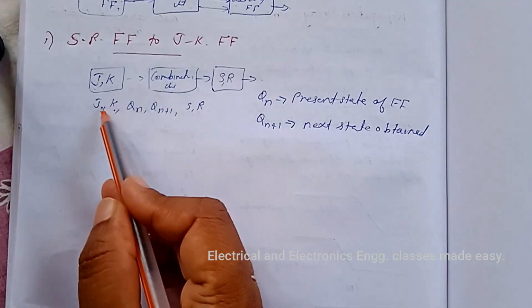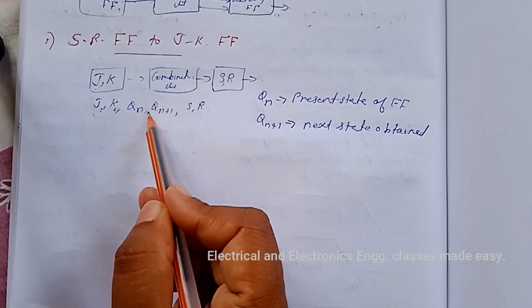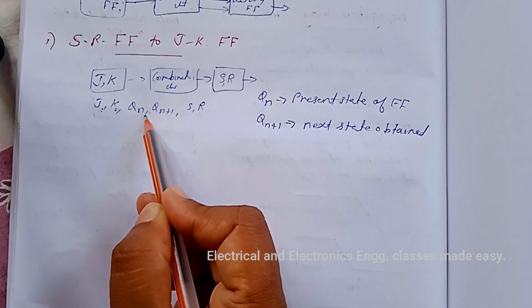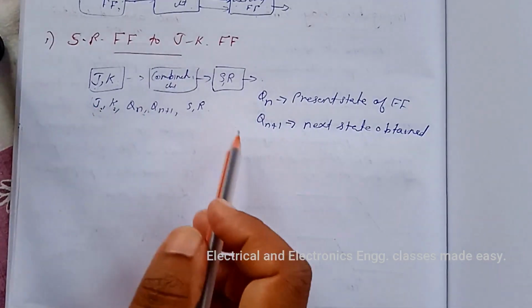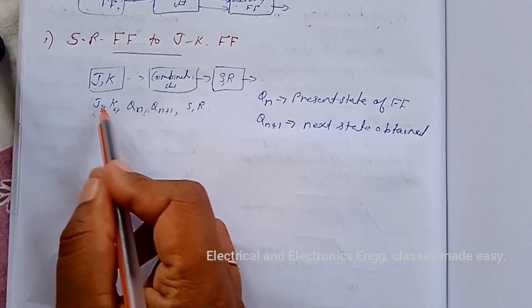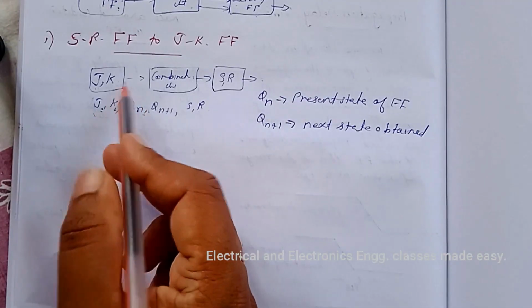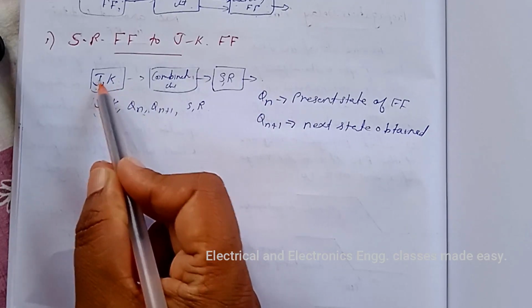For J, K and QN, there will be 8 combinations. So consider J, K, QN and make a truth table with J, K, QN as the inputs. That is, we have to get the input as JK.